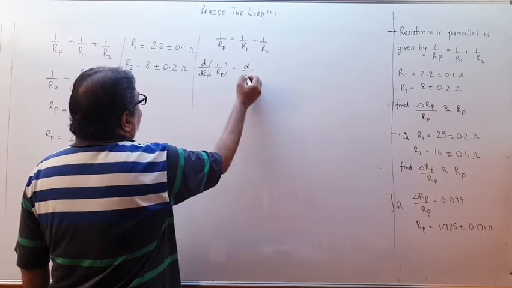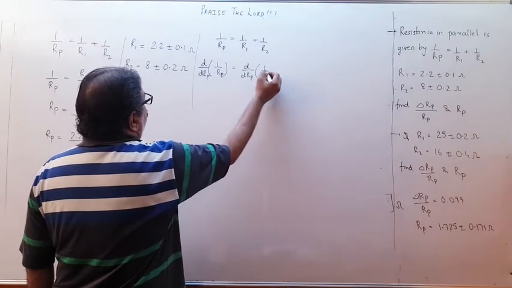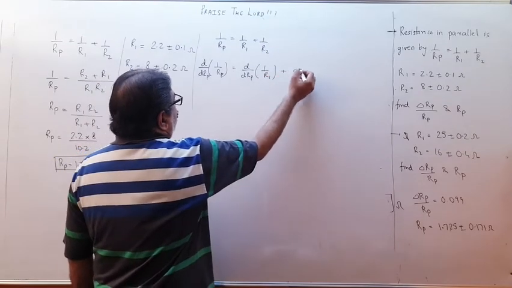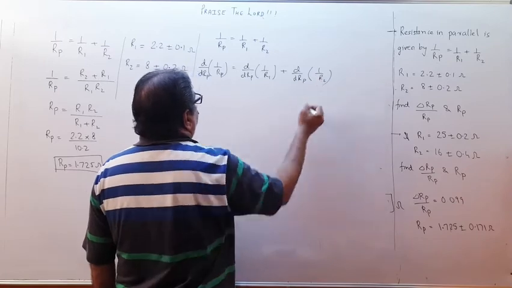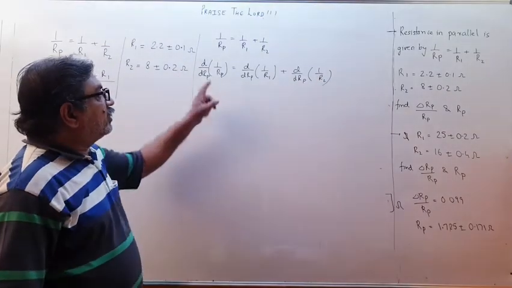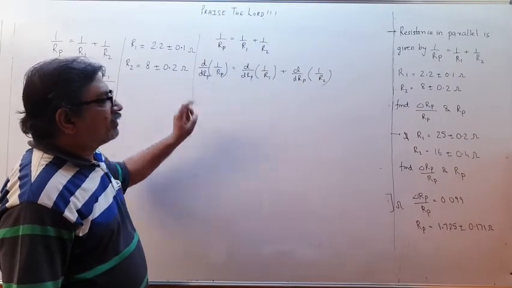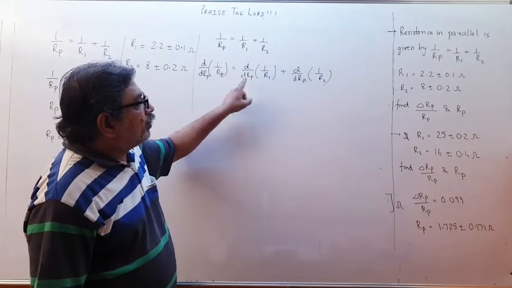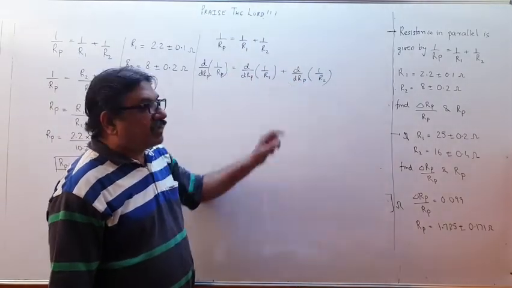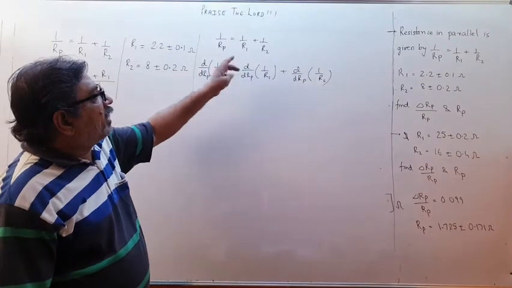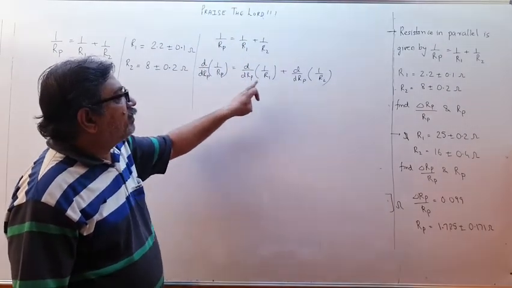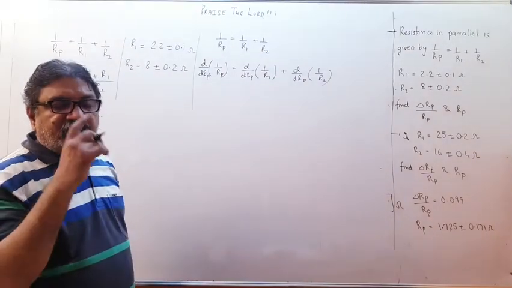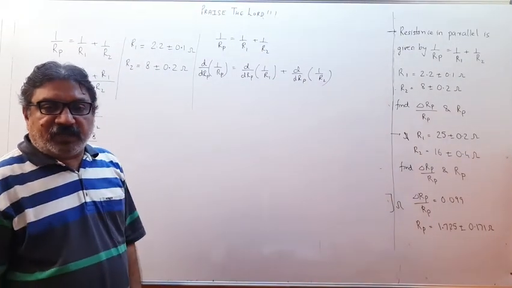This becomes d by dRp of 1 upon R1 plus d by dRp of 1 upon R2, just like dy upon dx. For this equation I have taken d by dRp of the entire equation. I am differentiating with respect to Rp, that is the meaning.